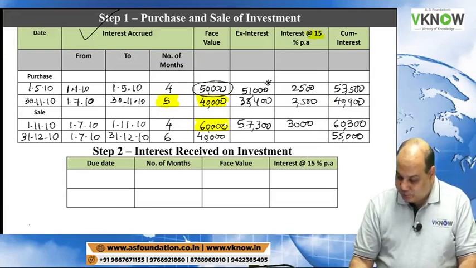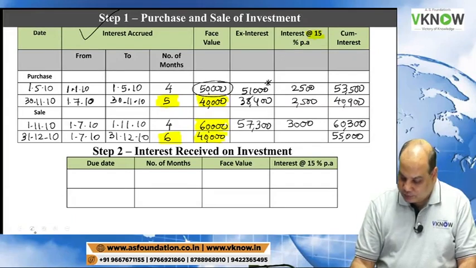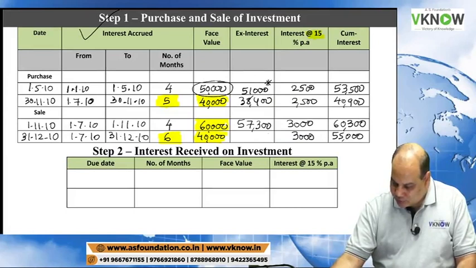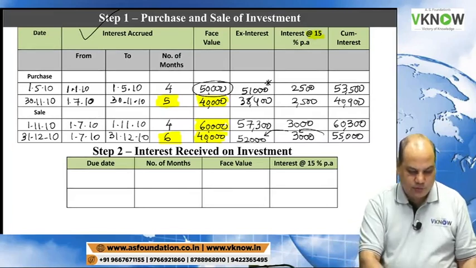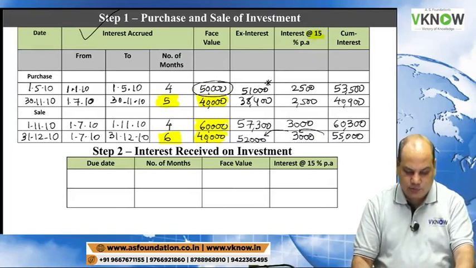So tell me, 40,000 into 15% into 6 by 12 is how much? 3,000. So do the reverse working, minus 3,000, you will get ex-interest amount 52,000.